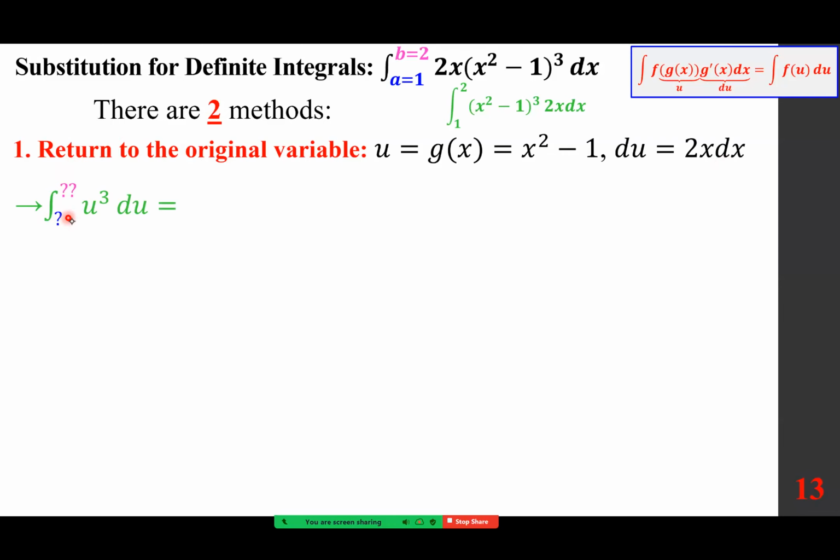It doesn't matter because we are going to go back to the original one. Clearly, this is 1/4 u to the power of 4. Again, I'm not going to write the limits. Now I'm going to change the u to x squared minus 1. And when I do that, then I can use the original limits 1 and 2. Original limits 1 and 2, I can use them now.